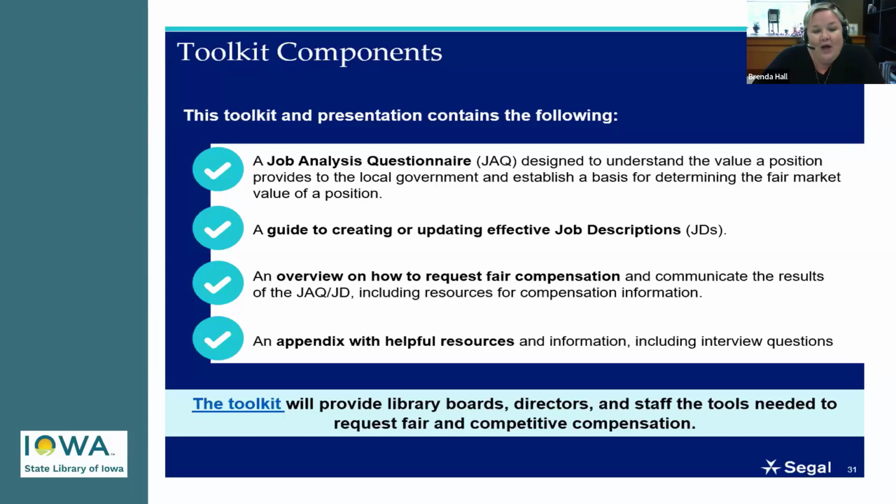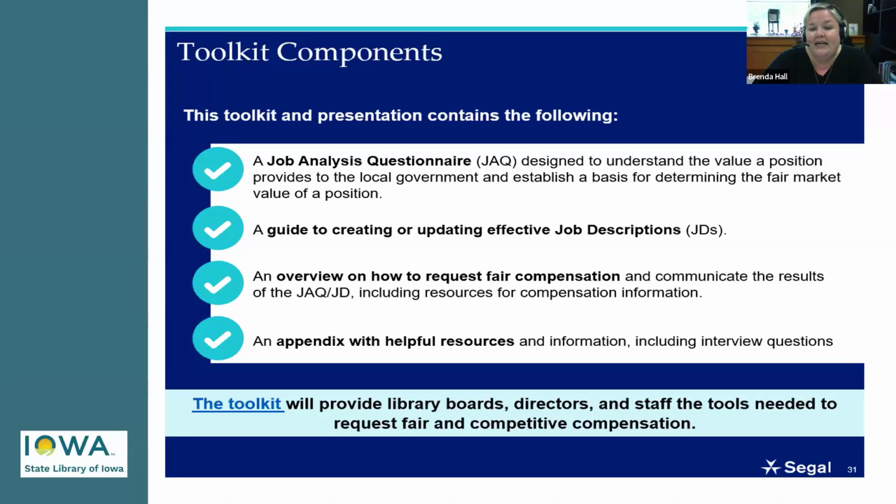Here we also have another slide that Siegel created for us about what's included in this toolkit. Here you can see the Job Analysis Questionnaire. That's a pretty substantial document, but great for really understanding the needs of the position and the type of work that's being done.